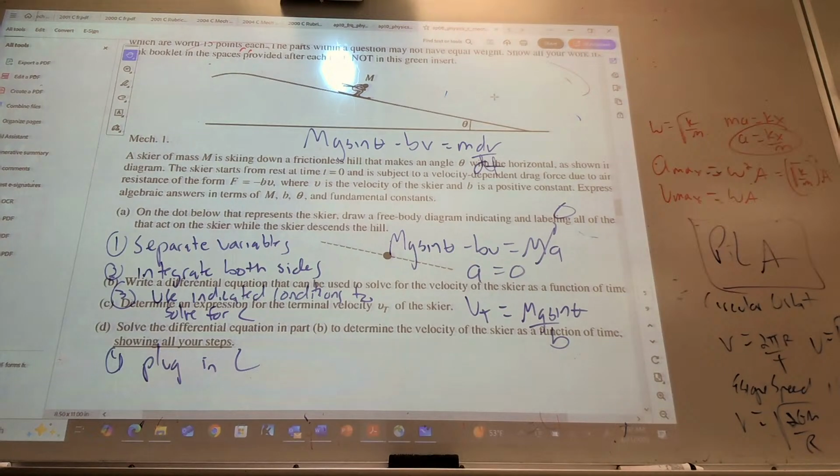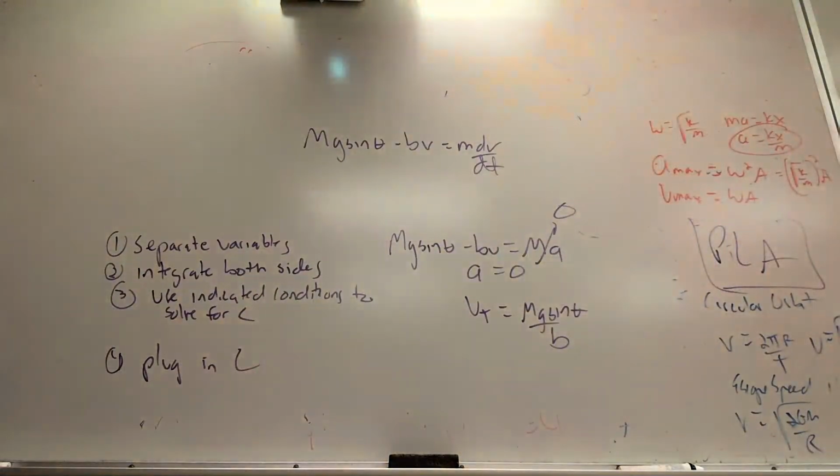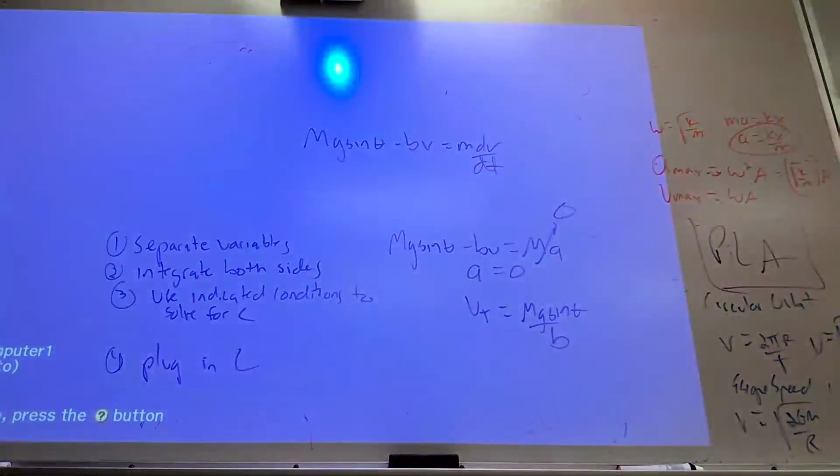There isn't a t, so you put the constants with the dt. We cross multiply to separate our variables. Everyone write it down? Separate your variables, integrate both sides, use indicated conditions to solve for c, plug in c.